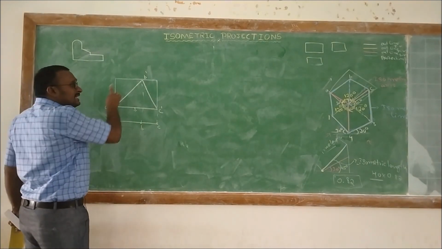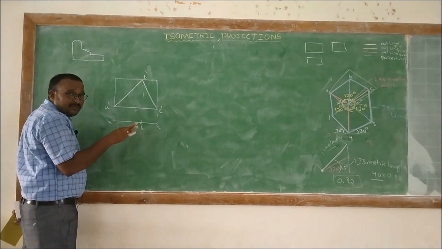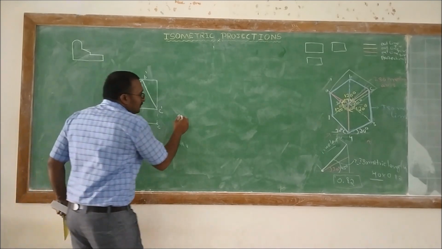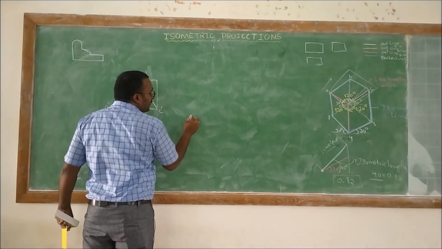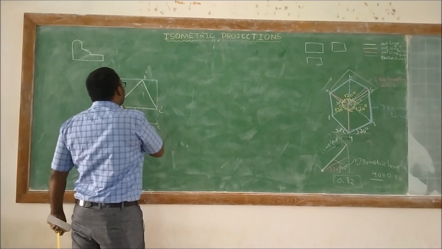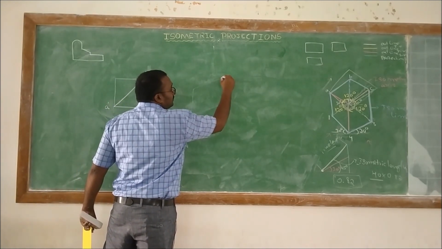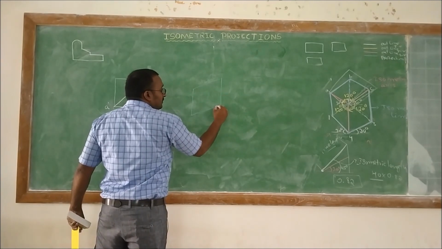Now in this box all the lines are isometric lines. Directly, initially we create the box with vertical lines and then horizontal lines.